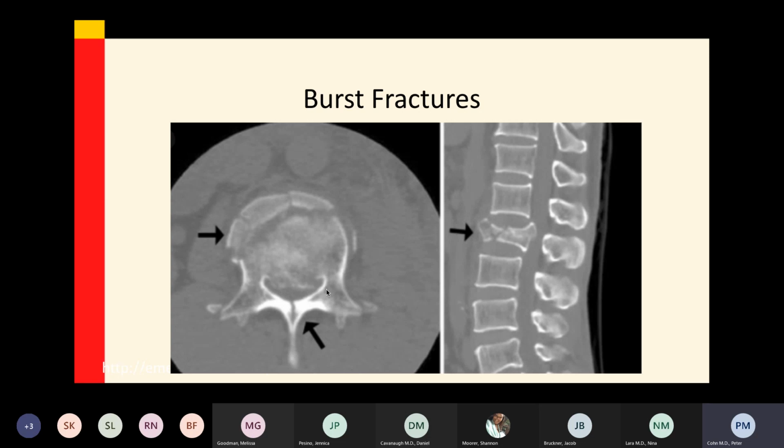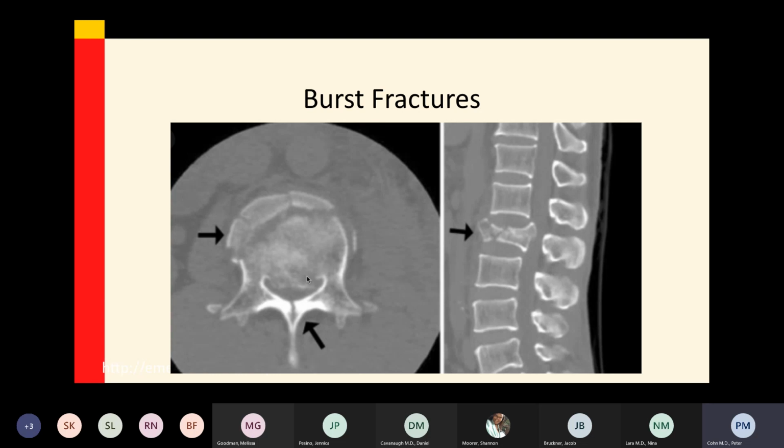But the thing to keep in mind is, especially when thinking about the retropulsion of the posterior wall, even though there's minimal canal space, there's evidence of patients who have 90% of their canal obliterated by bone who still are neurologically intact.